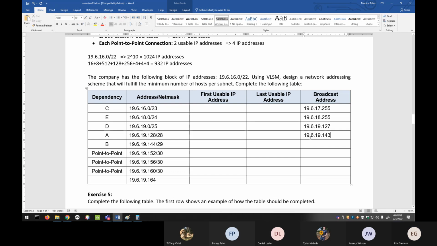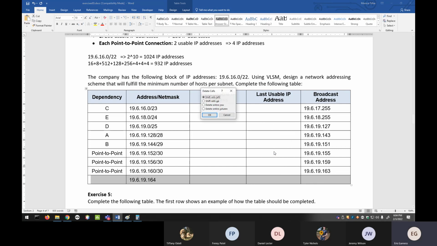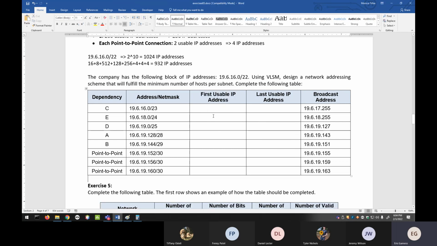Before 152, we have 151. Before 156, we have 155. Before 160, we have 159. Before 164, we have 163. And of course, this line that I added to help you, I'm going to remove it. So this is it. The rest is very easy.